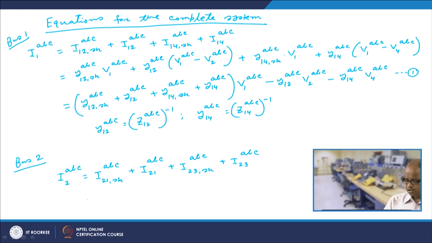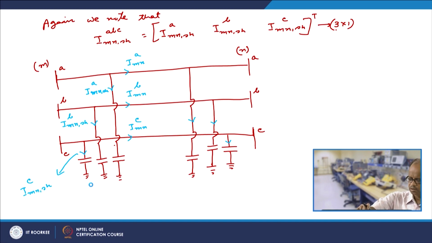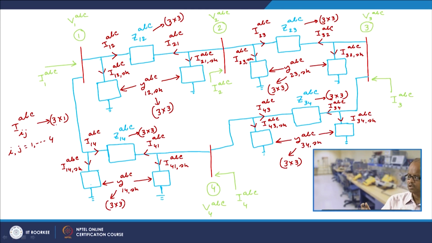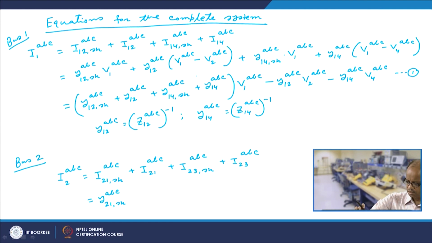And I21 shunt ABC would be nothing but Y21 shunt ABC. In fact, it should be Y12 shunt ABC because this same admittance is connected. So it is y12 shunt ABC.